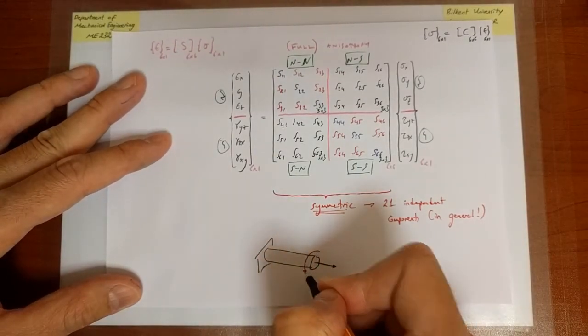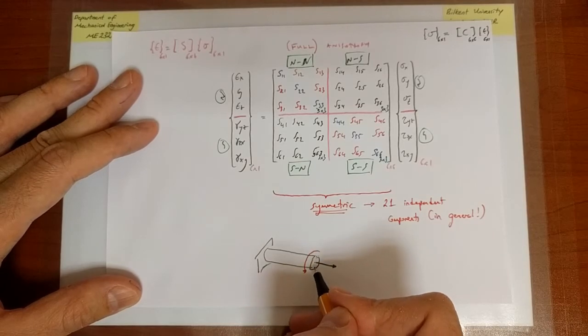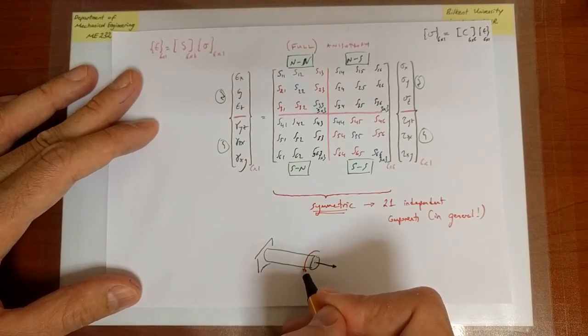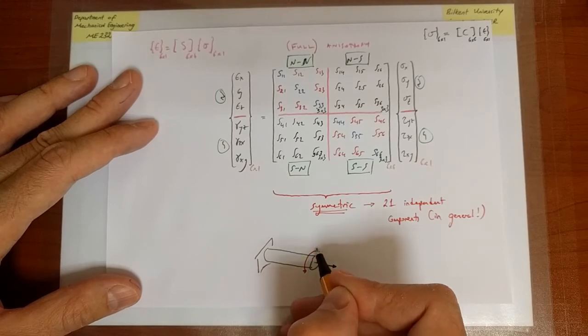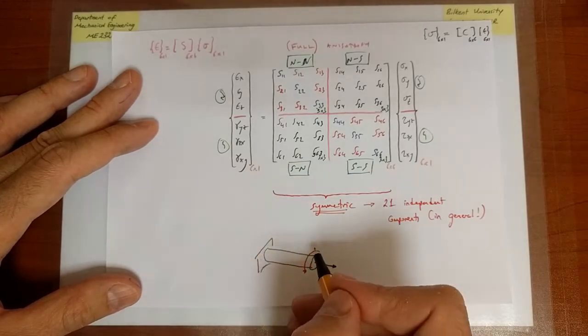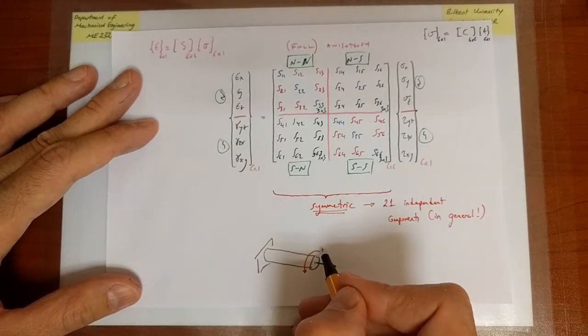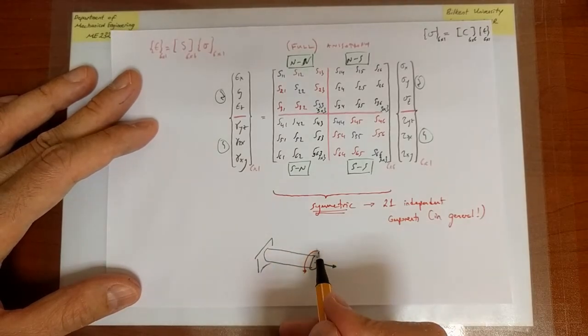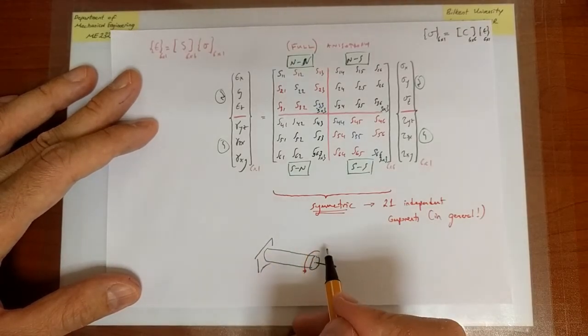Suppose I torque this thing. The more torque, the more twist. I do some work, and then I slowly release the torque so it twists back, and then I ask you the question, what is the net change in the strain energy when I start from undeformed state, go to deformed, and then I go back to undeformed state? Or alternatively, what is the net work that I do?